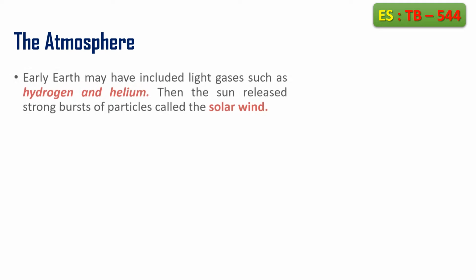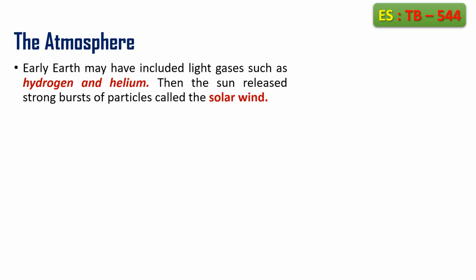Formation of Earth's atmosphere. Early Earth may have included light gases such as hydrogen and helium. Then the sun released a strong burst of particles called the solar wind.